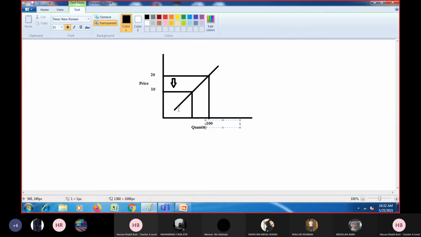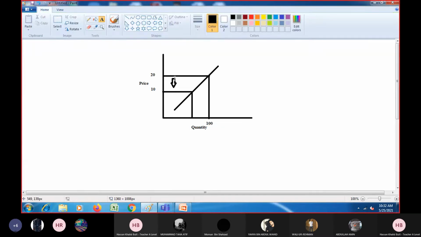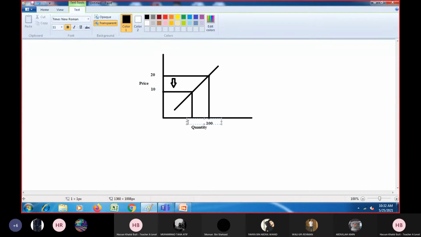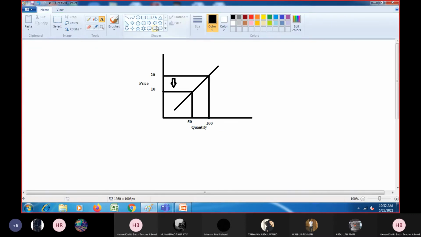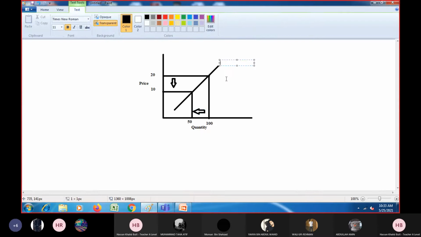When price goes down to 10, the quantity, let's say, goes to 50. So you can easily observe here as well, when price goes down, supply decreases, right? And this is the supply curve. And why is this the case? You know quite clearly that whenever price increases, producers see more profit in producing it. Simple as that.